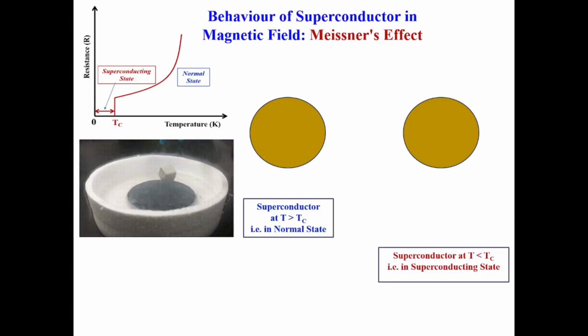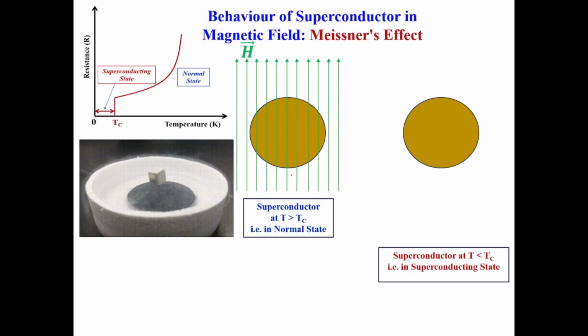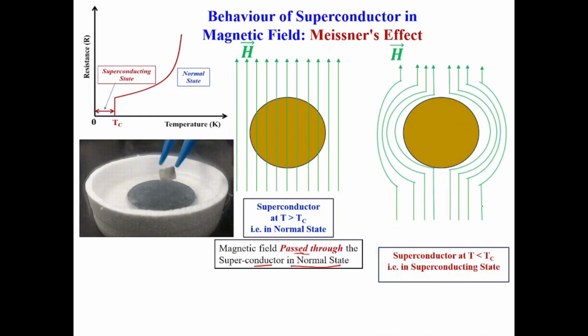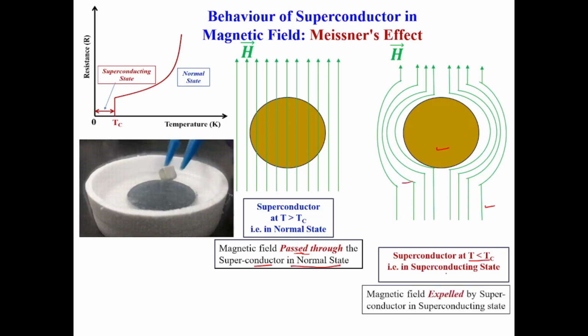Whenever we apply the magnetic field, all the magnetic flux penetrates inside the superconductor. The magnetic field passes through the superconductor which is in the normal state. But when the magnetic field is applied on a superconductor in the superconducting state, that means below TC, the magnetic fields are expelled, or pushed outside, from the superconductor.